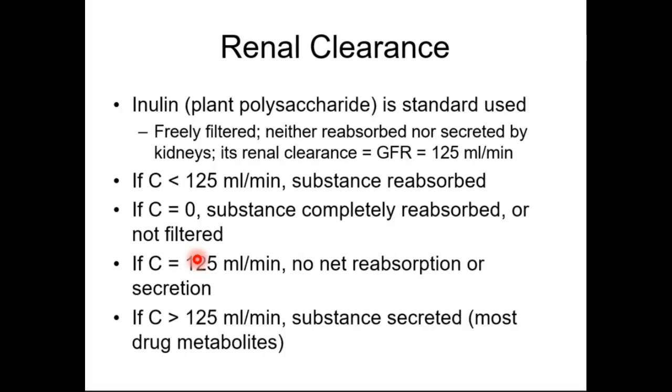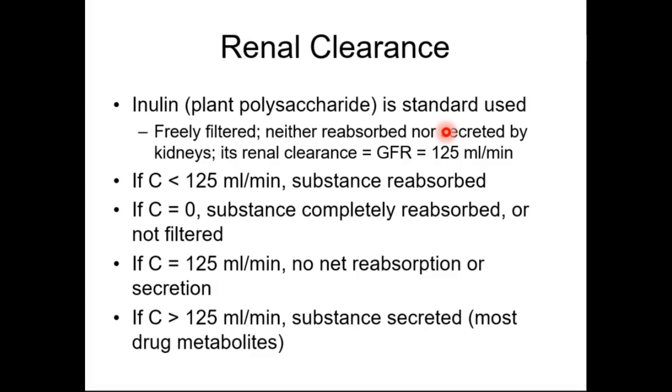Now, there's a sort of standard. We use inulin as one way that we detect GFR. Inulin is a plant polysaccharide. That means it's a sugar chain that we can't break down. It's standard used because it is neither reabsorbed nor secreted, and we are using these official definitions for reabsorbed and secreted. It is filtered. It goes from the glomerulus to the filtrate.